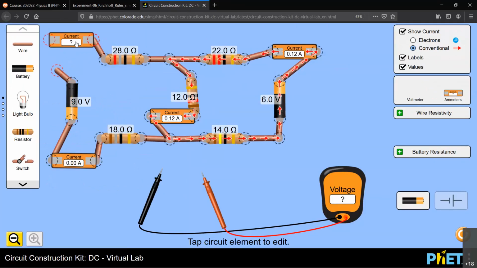Since this is virtual, you can bring any number of ammeters. So bring a new ammeter and measure that. You can see right here, it's the same number, because from here all the way to here, it's the same segment. As long as I have the same line segment, with no connection between them, no new T-type connection, then it should be the same current. So it's 0.19.